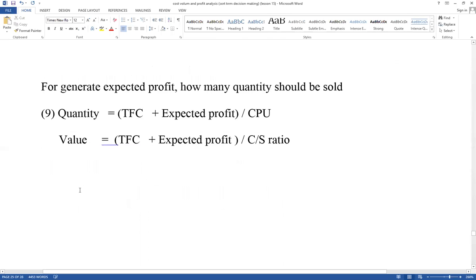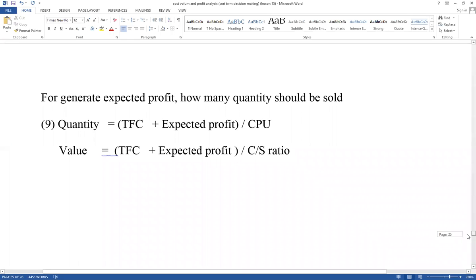Therefore, as a graphical presentation, we have to prepare traditional break-even point charts, contribution break-even point charts, and profit volume charts. Therefore, you have to know how to disclose in the graphical presentation.